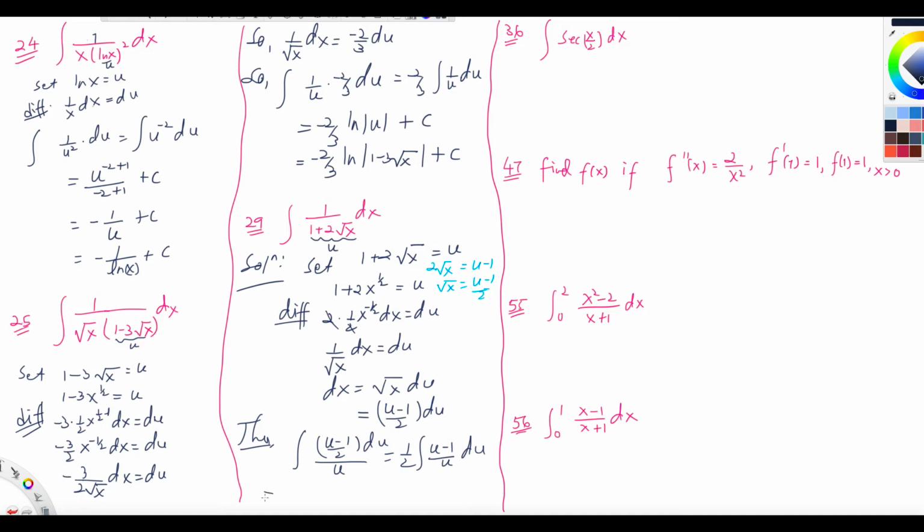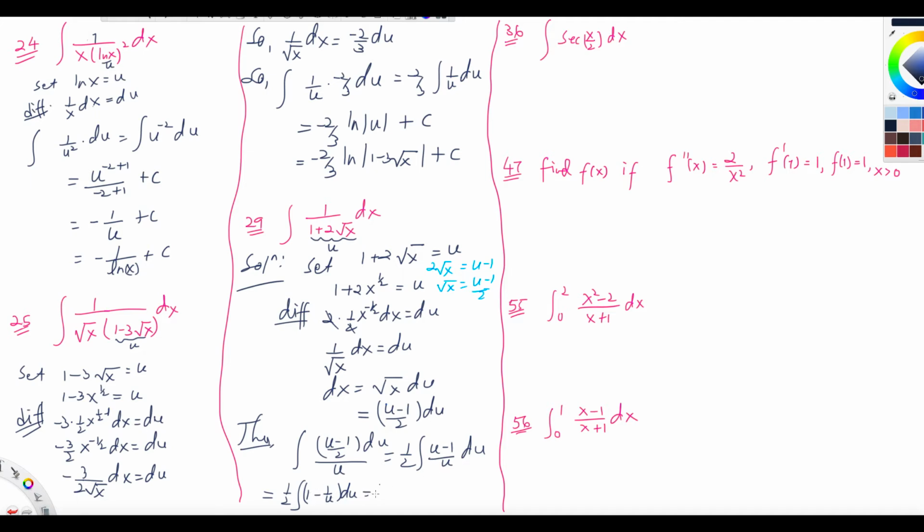So you can write u over u is 1, minus 1 over u du. What I did, I split the denominator.